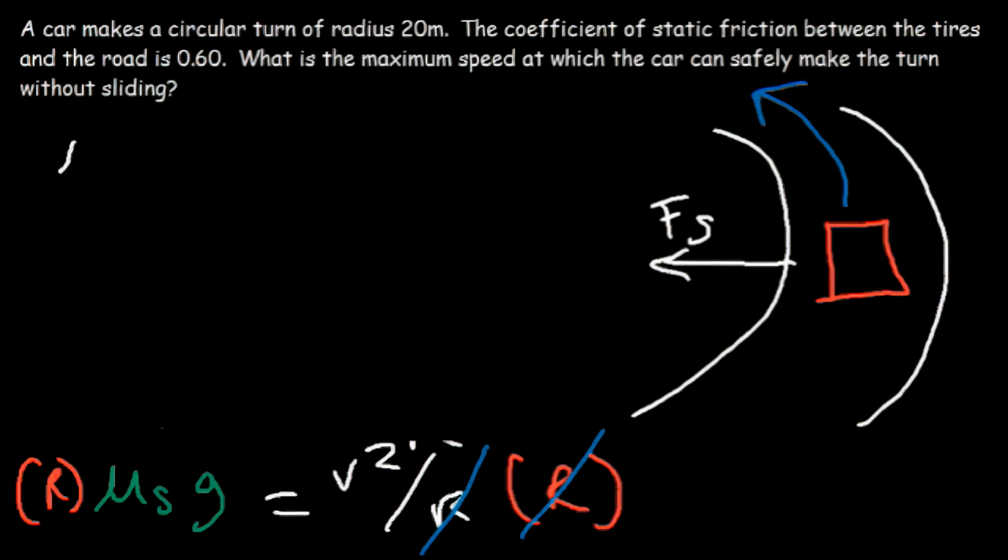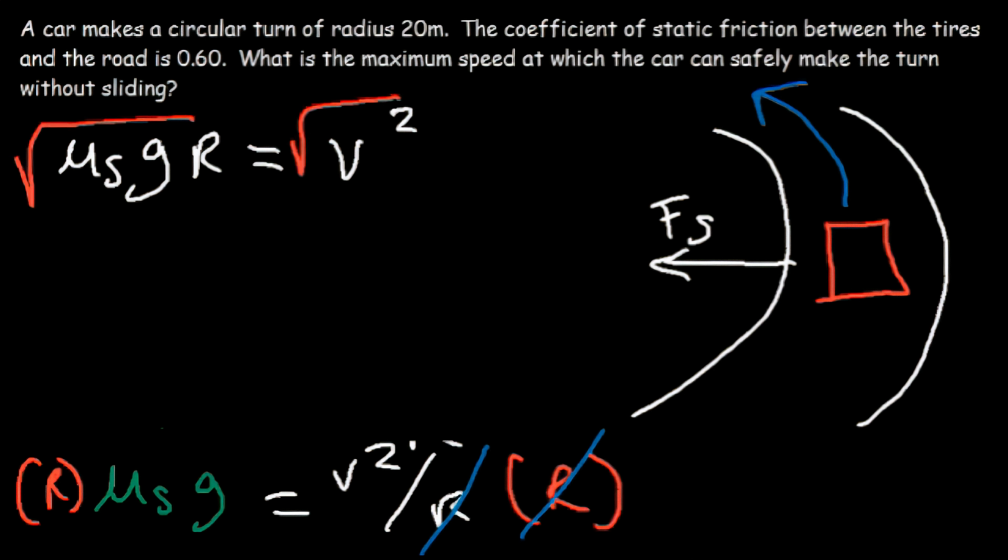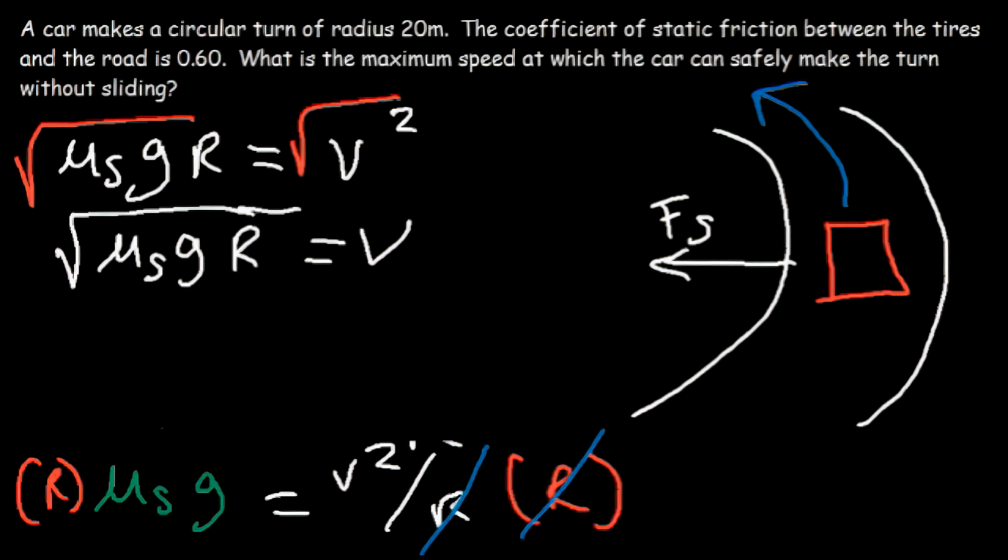So now we have mu s times g times r, and this is equal to v squared. So now we need to take the square root of both sides. So the maximum speed at which the car can make the turn is equal to the square root of the coefficient of static friction times gravitational acceleration times the radius of the turn.